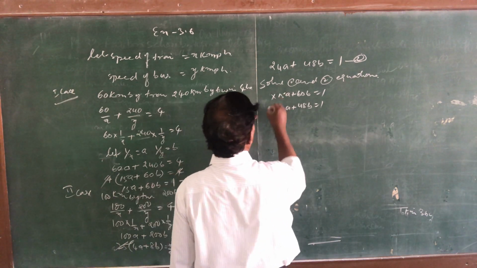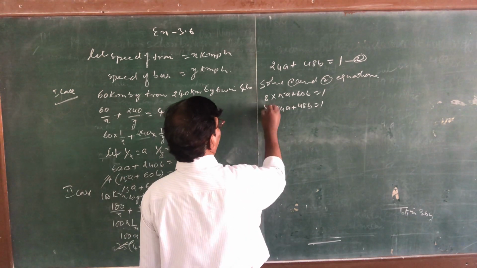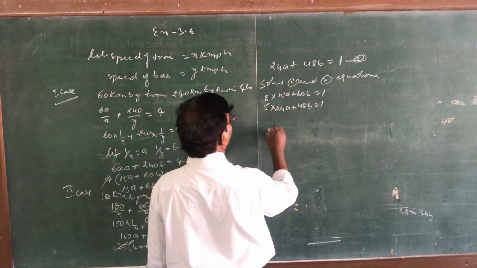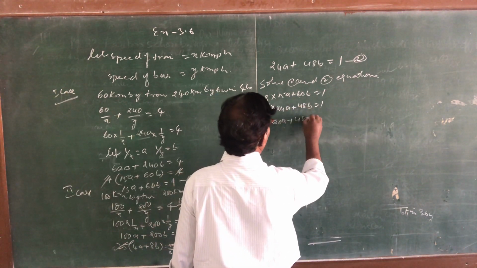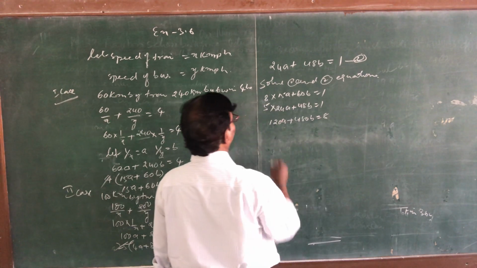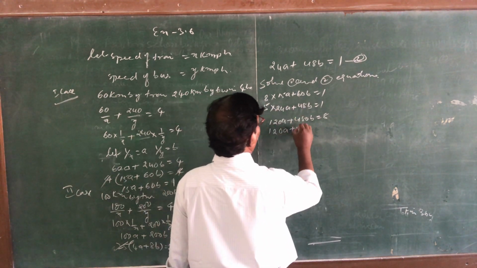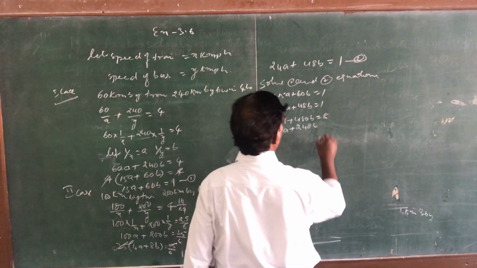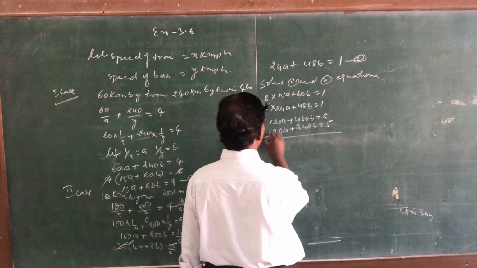To make the terms of a equal, you can multiply this with 8 and this with 5. 8 into 15, 120a plus 480b is equal to 8. And 120a plus 240b is equal to 5. Now subtract it.